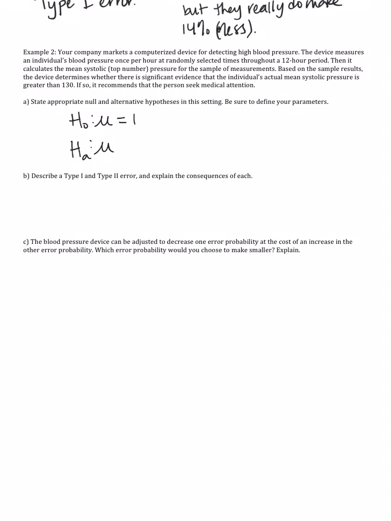And my value is 130, and the alternate is that it would be greater than 130. It says be sure to define your parameters, okay? That is this mu letter that I'm throwing about here. I have to define it. And mu is the mean systolic blood pressure.